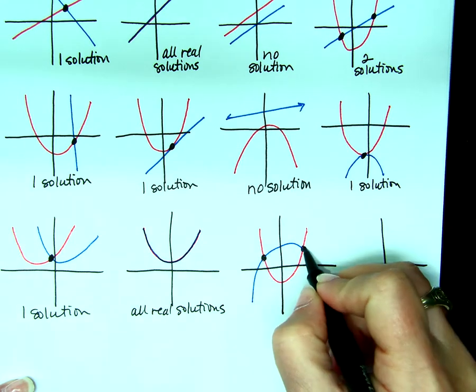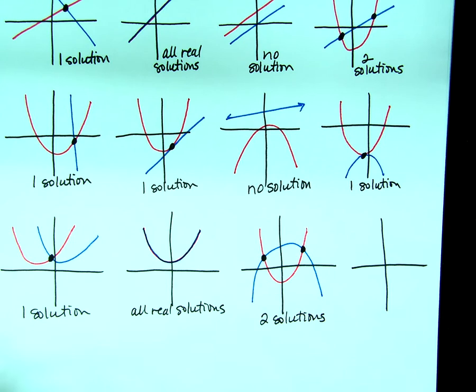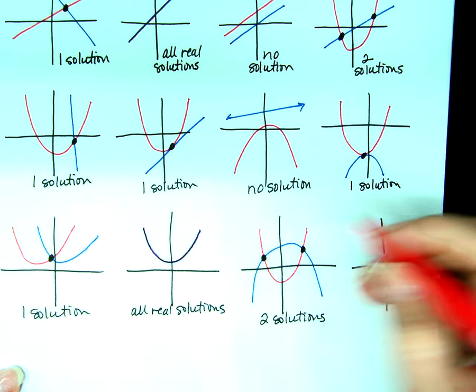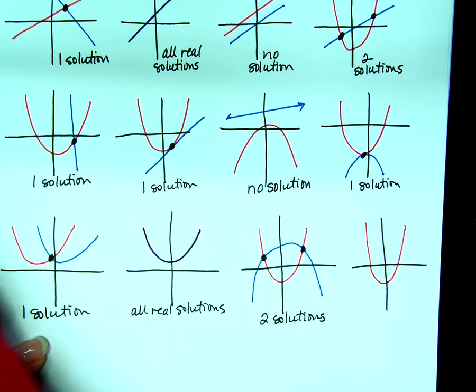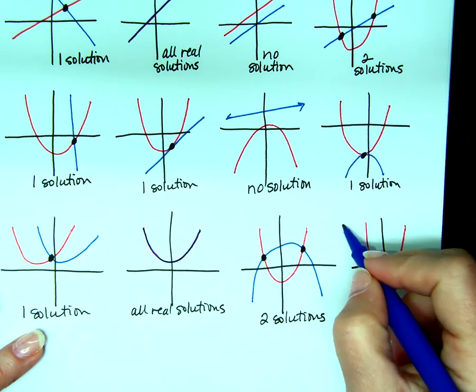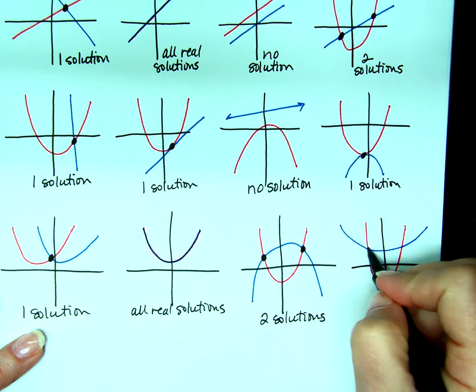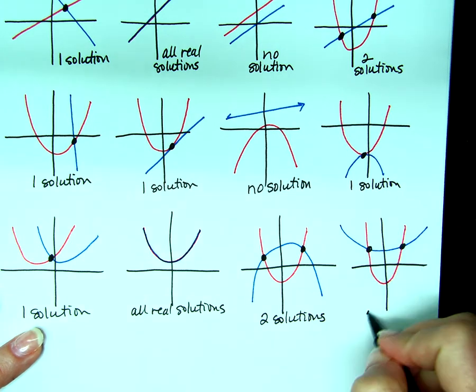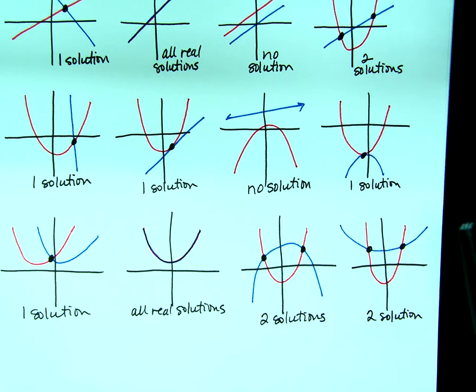So two solutions. Okay. Is that the only way two solutions could happen? So I could have one parabola like this, and then one much wider parabola, like that. So two solutions. So is that all we can have with two parabolas? One solution, two solutions, or all real solutions?